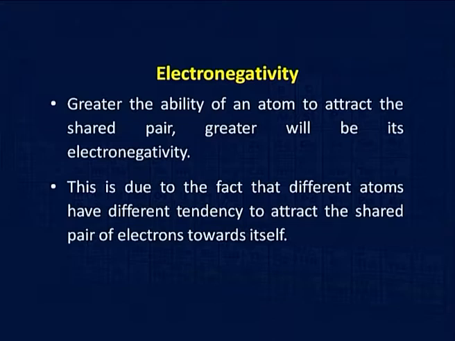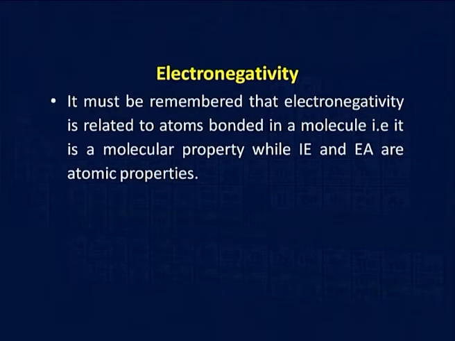It must be remembered here that electronegativity is related to the atom bonded in a molecule, that is, it is a molecular property, while I have earlier said that ionization energy and electron affinity are atomic properties.